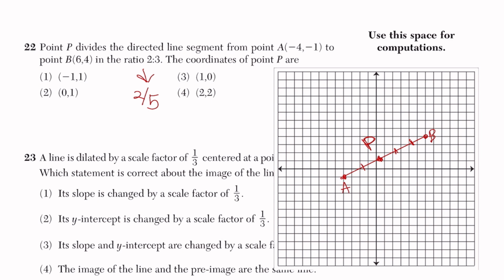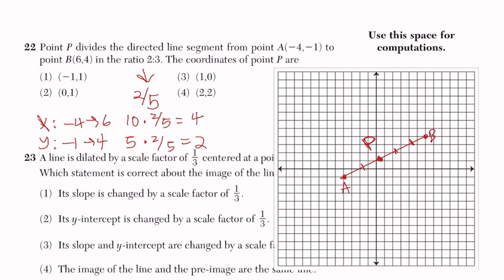So we can find the X and Y distances A needs to travel to get to B. For X, point A needs to travel from -4 to 6, which is a total distance of 10. And for Y, point A needs to travel from -1 to 4, which is a total of 5, right? So 2/5 of 10, just multiply it, is equal to 4, and 2/5 of 5 is equal to 2.